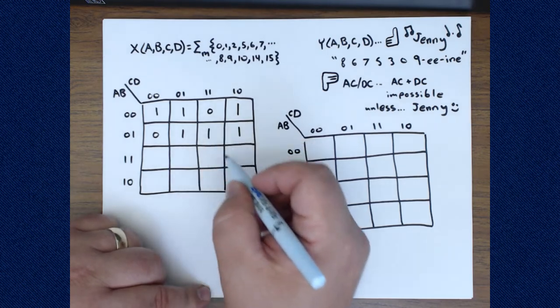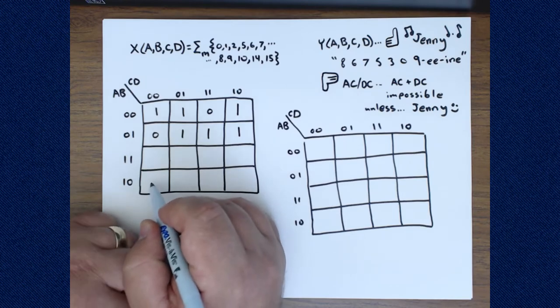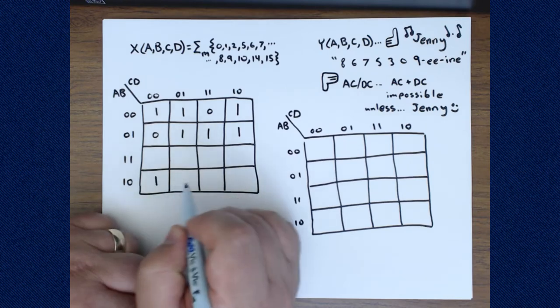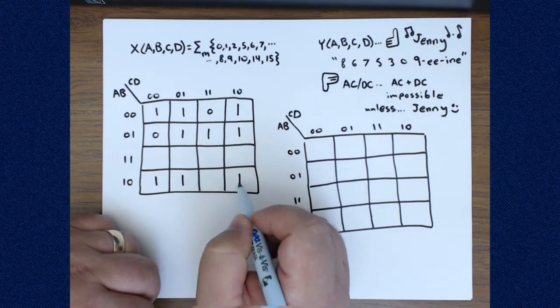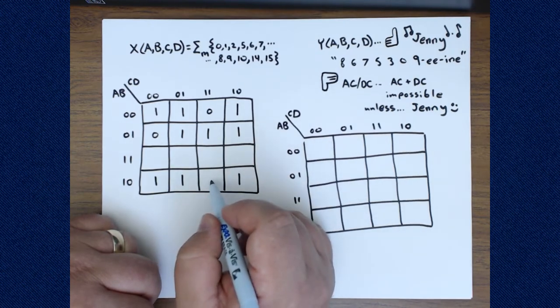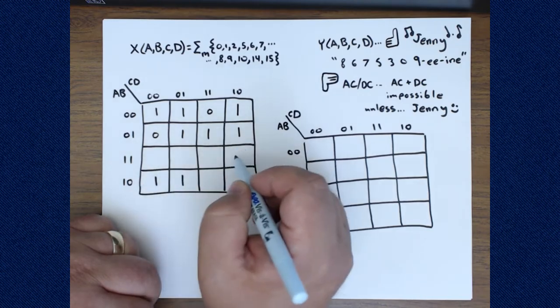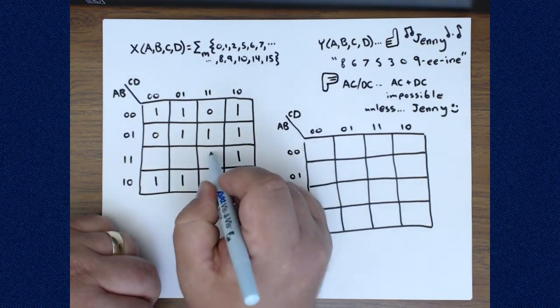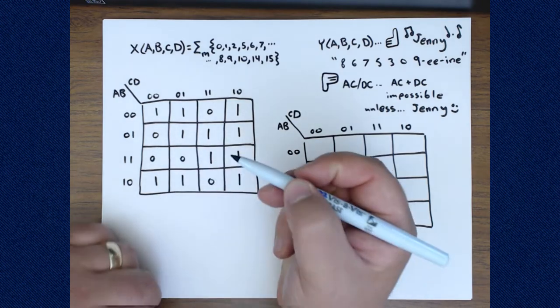Now skip a whole row because of the gray code. And now we've got 8, 9, 10 is over here, 11 is back here. Fall back a row to 12, 13, skip over to 14, and come back to 15. All right. So these other cells are all 0.